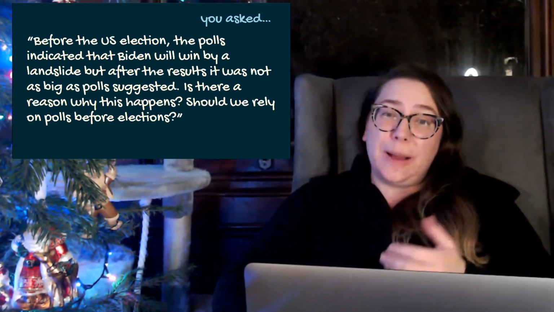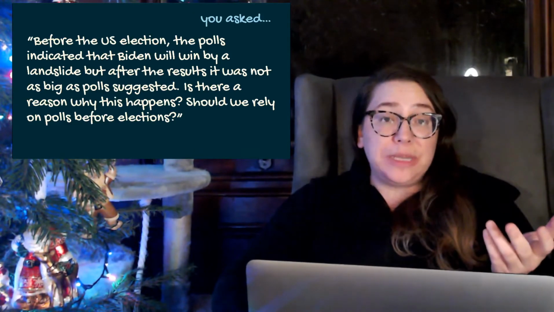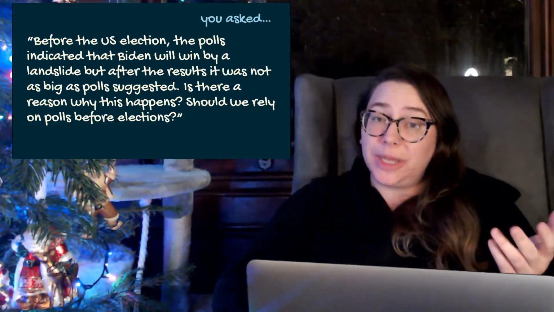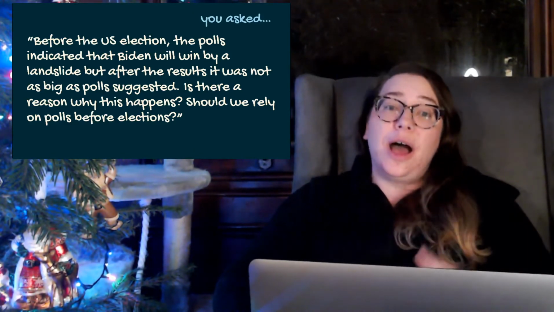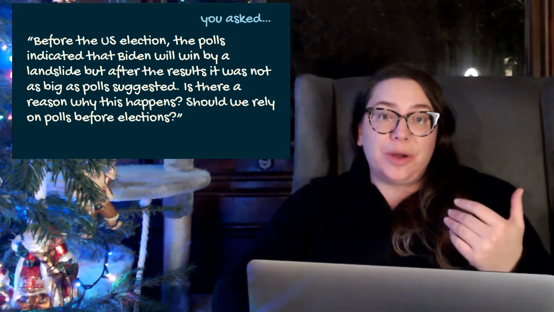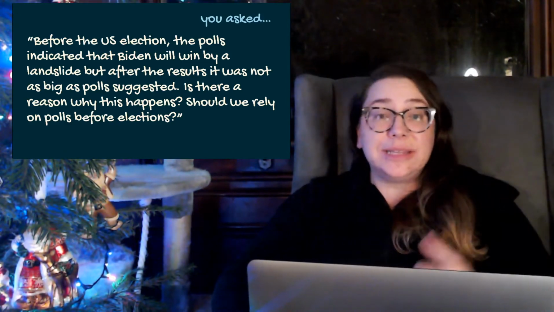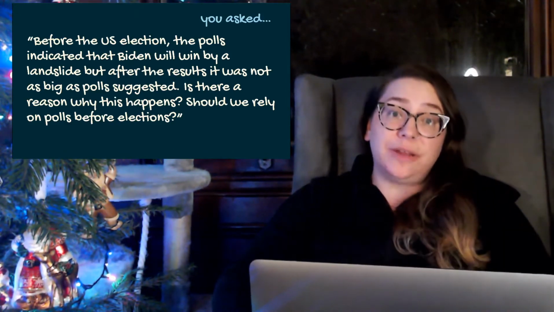There are a few ways polls can go wrong. Sometimes this might be due to sampling bias, but a lot of the polling agencies have good measures against this. There is also the effect of people not necessarily being honest about what they are suggesting they might do. So there's a little bit of that as well.